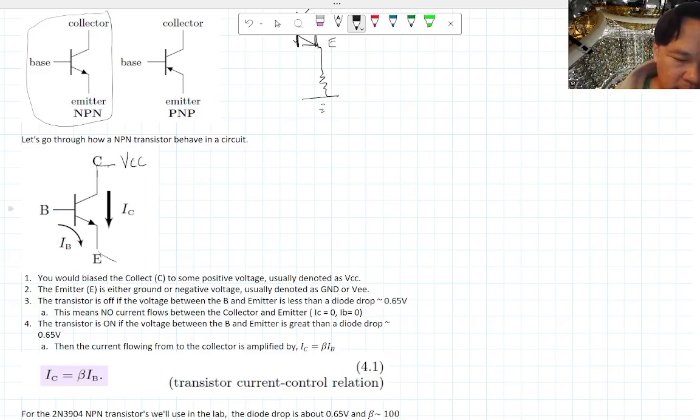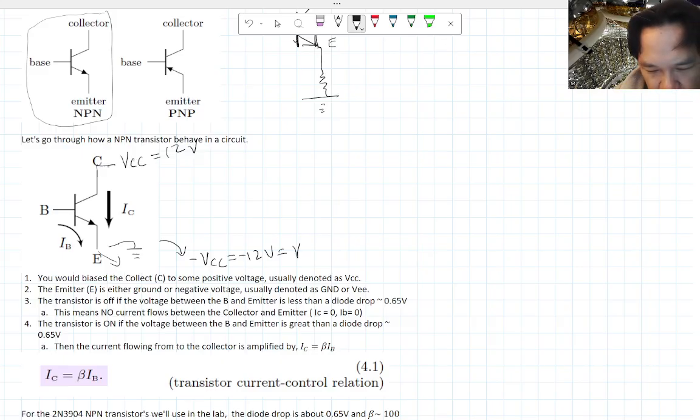The emitter, sometimes you would tie to ground so you have a low voltage, but sometimes you would tie it to negative VCC. Let's say your VCC is 12 volts, negative VCC will be negative 12 volts. Sometimes that's also called VEE, just because it's the emitter, I guess.